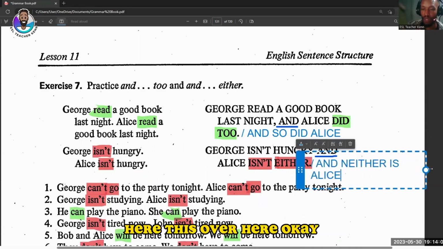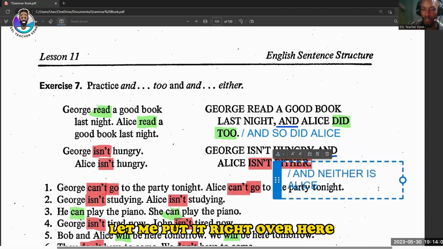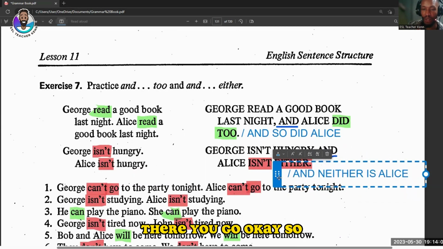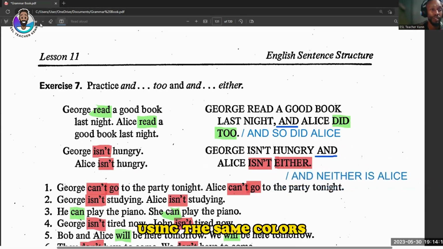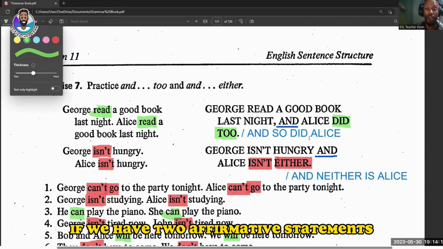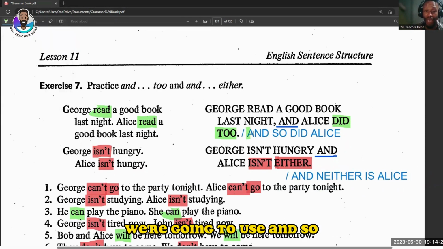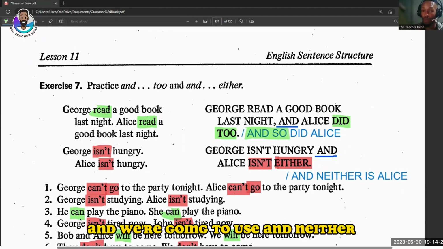Here, move this over here. Okay. Let me put it right over here. I just want to keep it on a single line. There you go. Okay? So, using the same colors, if we have two affirmative statements, we're going to use and so, and we're going to use and neither when the two ideas are negative.